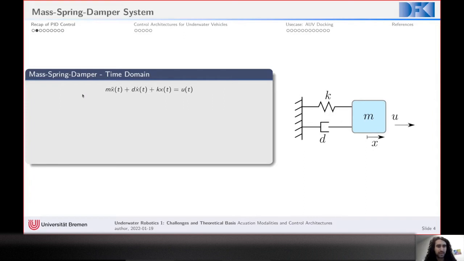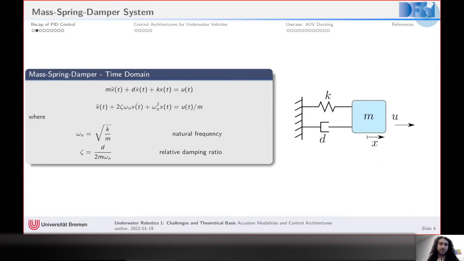Now, if you take a closer look at this very simple equation, what does it look like? It looks very similar to the dynamics that we saw in the first session. Here is inertia, could be inertia plus added inertia. Here is damping, and here are restoring forces. So by just providing a controller for this very simple system, we can then extrapolate it to more dimensions and talk about control of a rigid body free floating in the water.